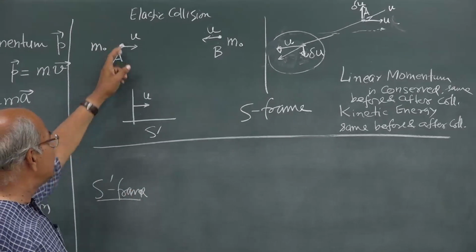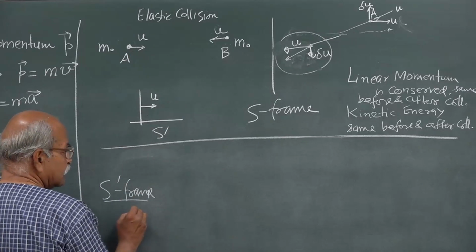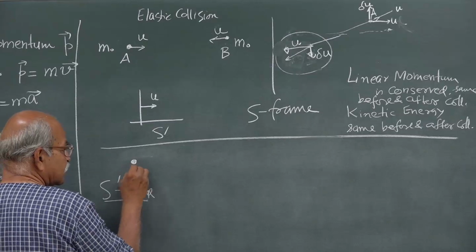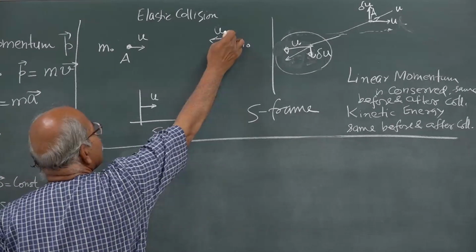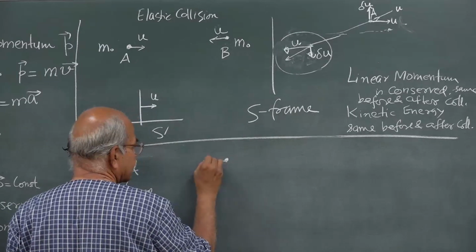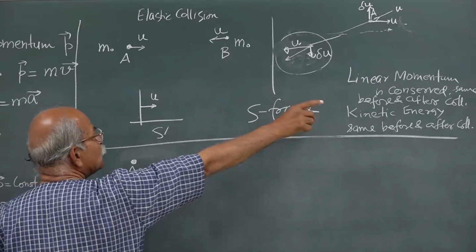So this particle will be at rest here. Our picture is that this A particle is at rest. And what happens to the B particle?